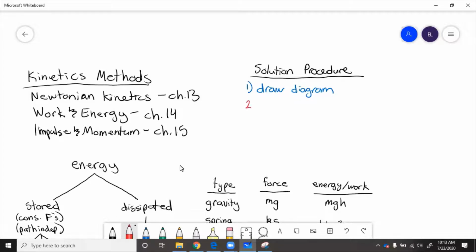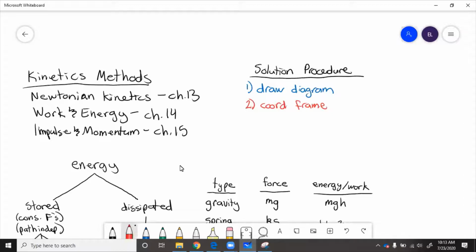Then the next step is assign a coordinate frame. Generally, we put x in the direction of motion and y perpendicular to it. For Newtonian kinetics, x has to follow the rope. So if you have multiple objects that are connected by a rope, make sure that your coordinate frame moves consistently from one to the next one.